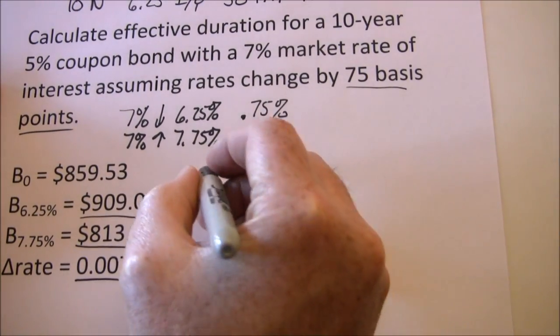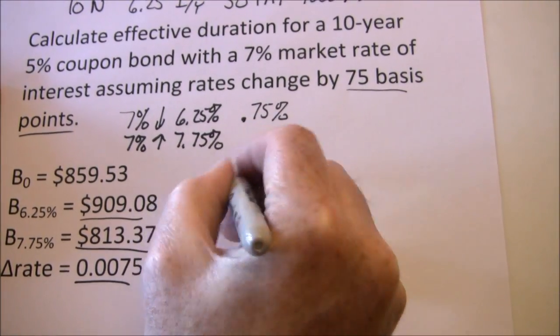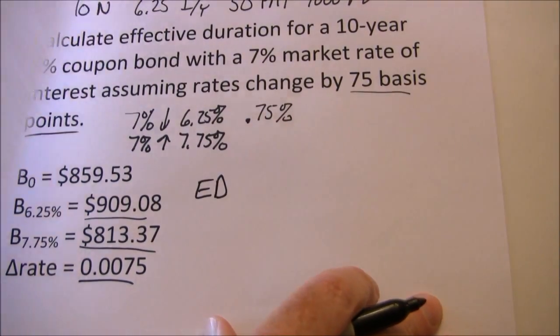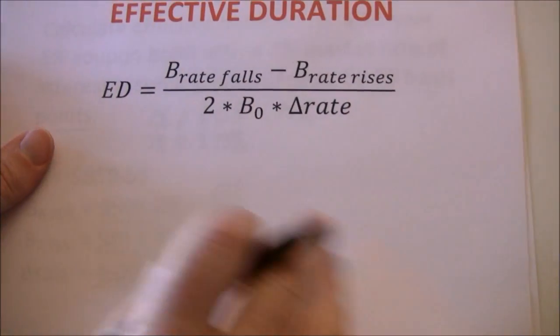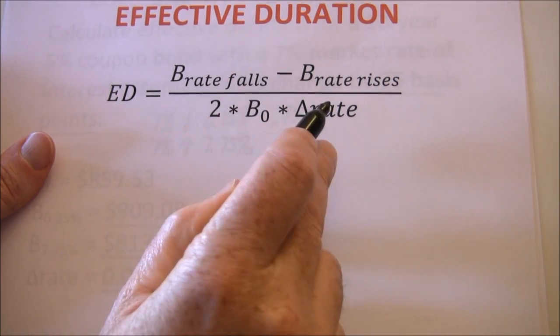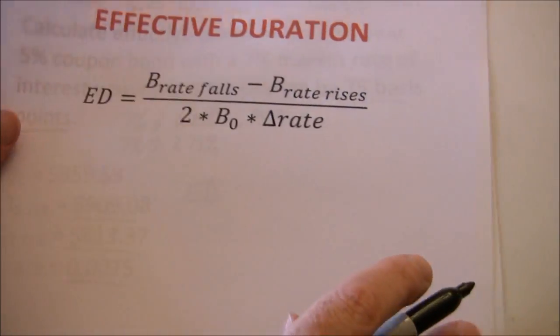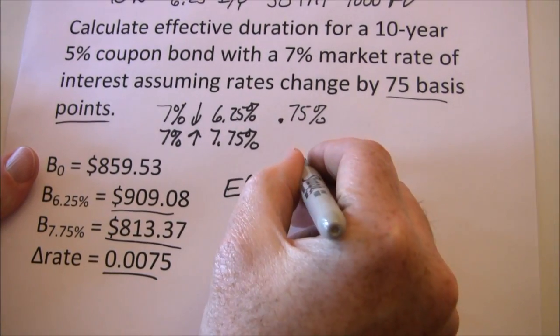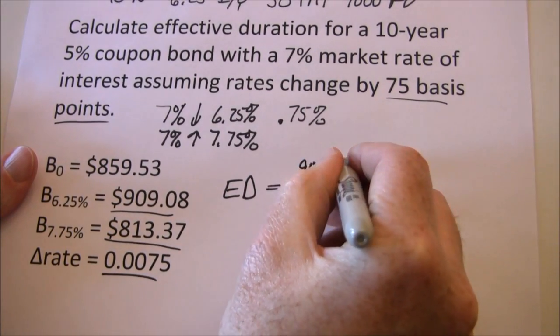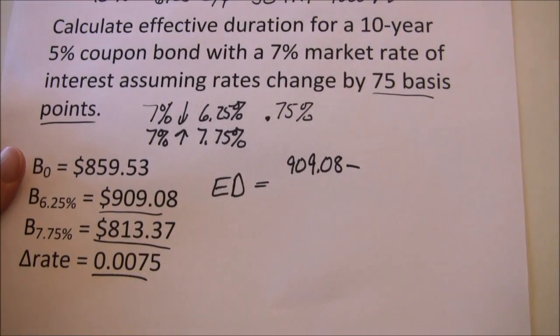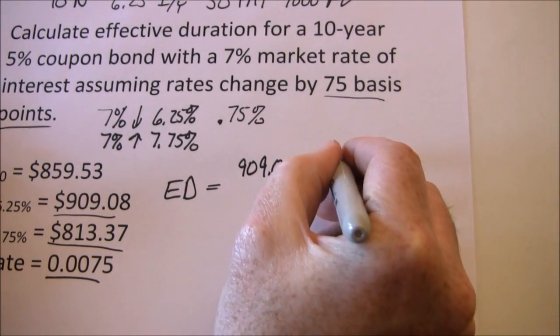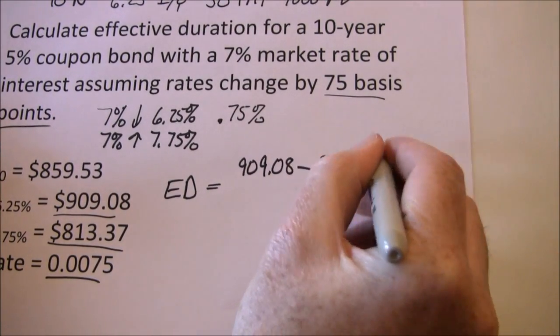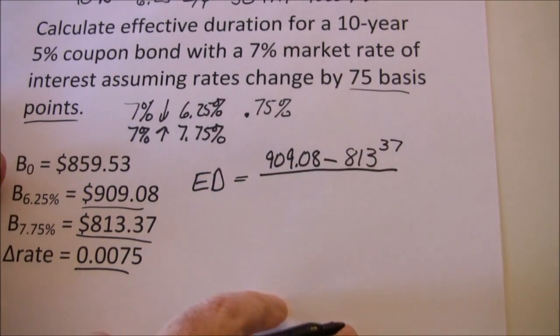So now we just use the effective duration formula. We want the bond price when the interest rate fell minus the bond price when the interest rate increased. So that's going to be the 909.08 minus 813.37. That's our numerator.